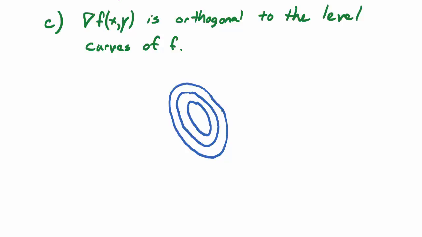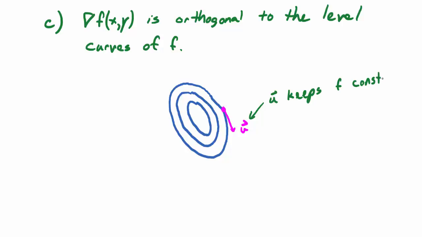Well, I would claim that u would have to be tangent to the level curve. So this type of u keeps f constant. Does that make sense?